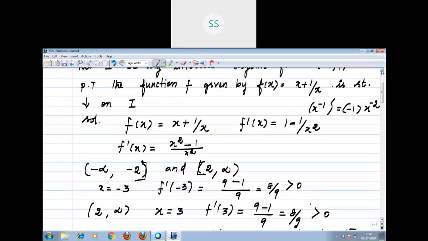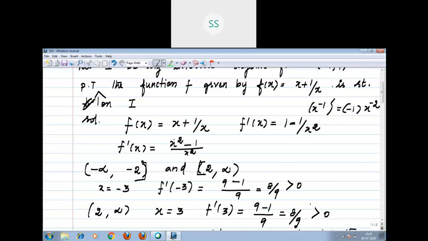Prove that the function f of x equal to x plus 1 by x is strictly increasing on I. F of x equal to x plus 1 by x.